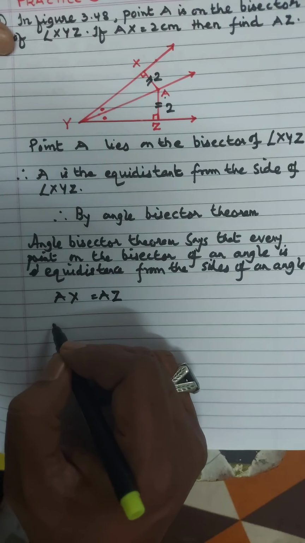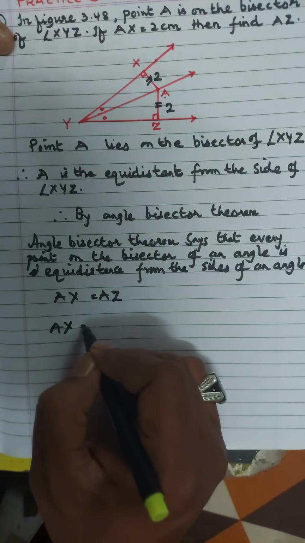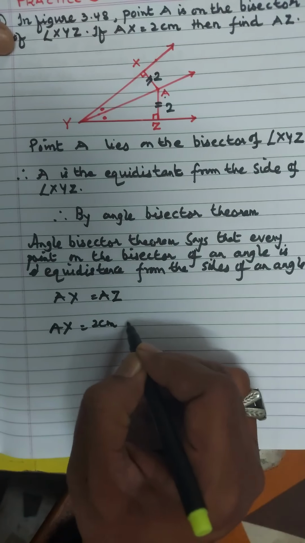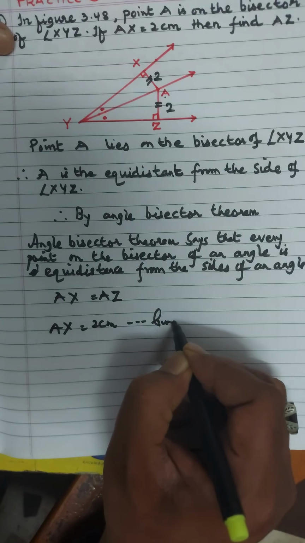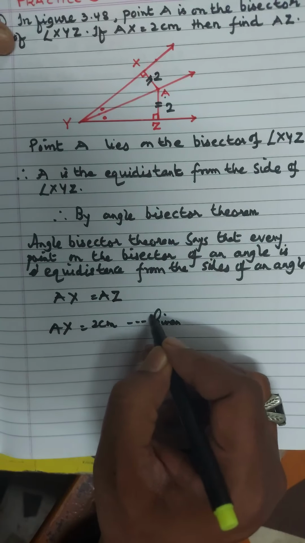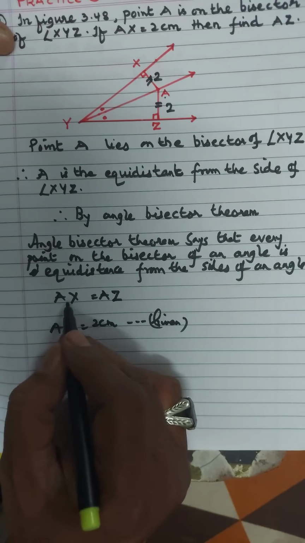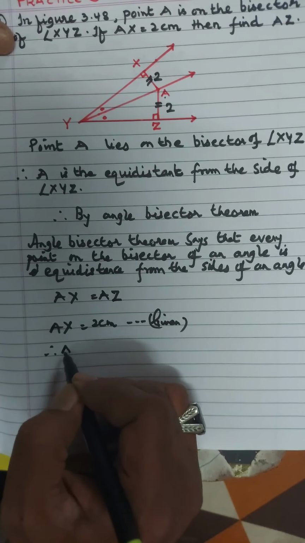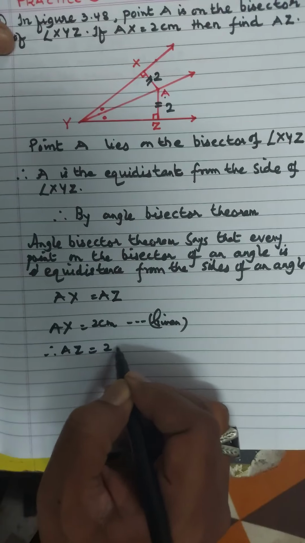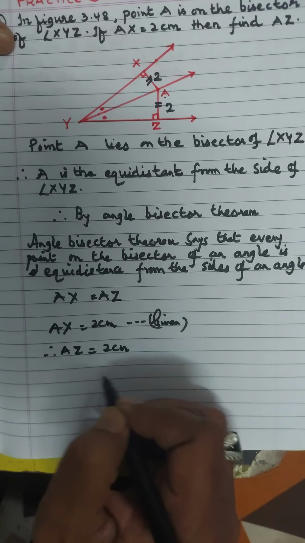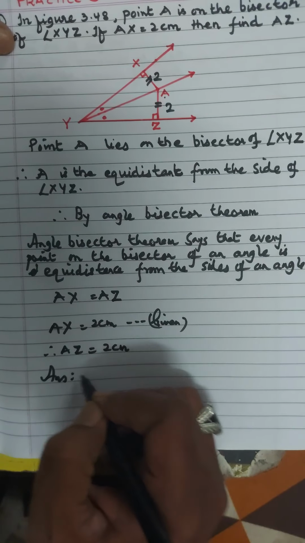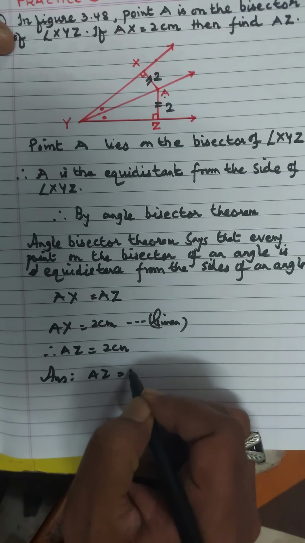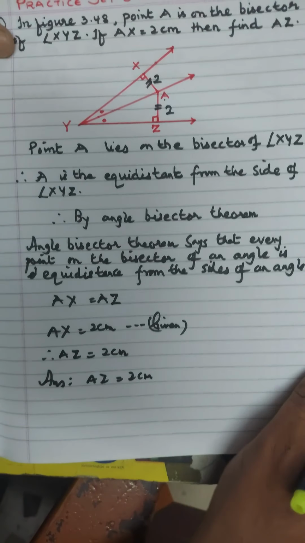AX is 2 centimeters, which is given in the question, and both are equal. Therefore AZ is also 2 centimeters. So this is our answer. See how simple it is.